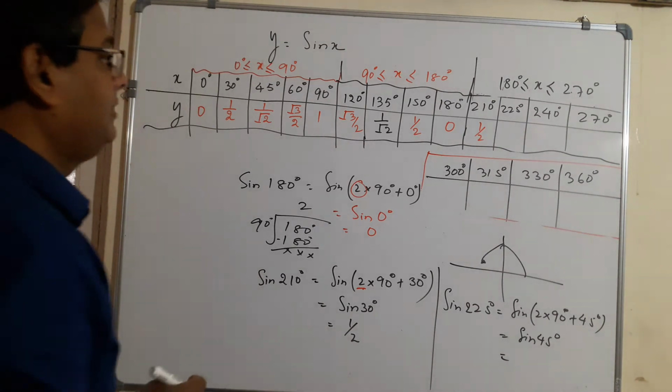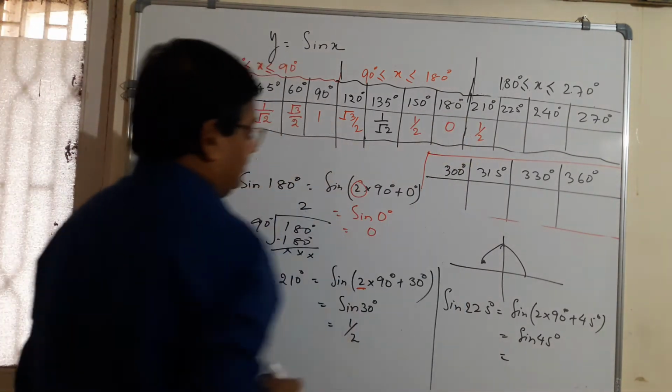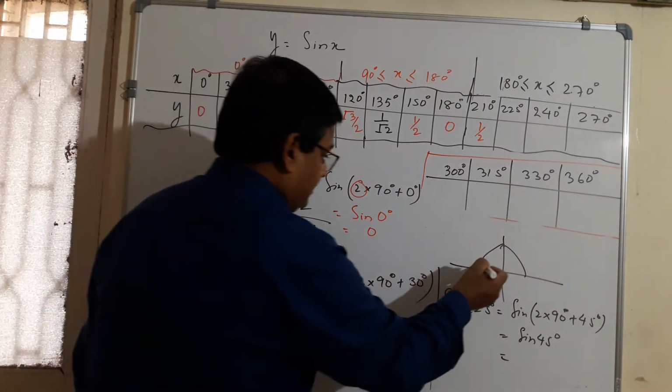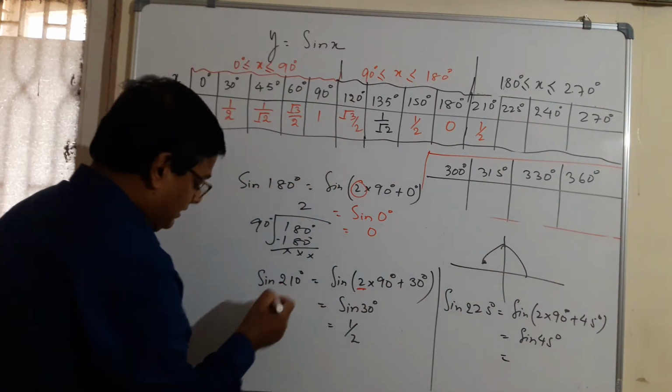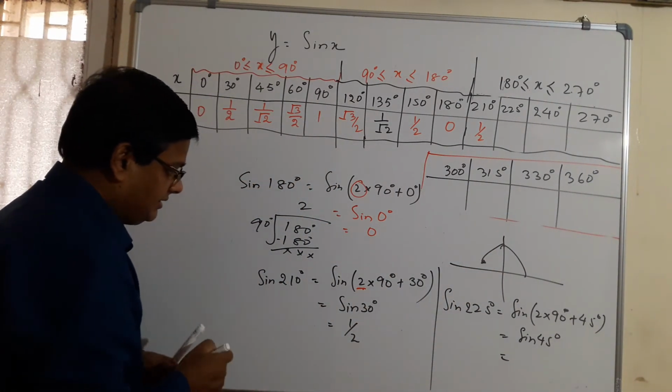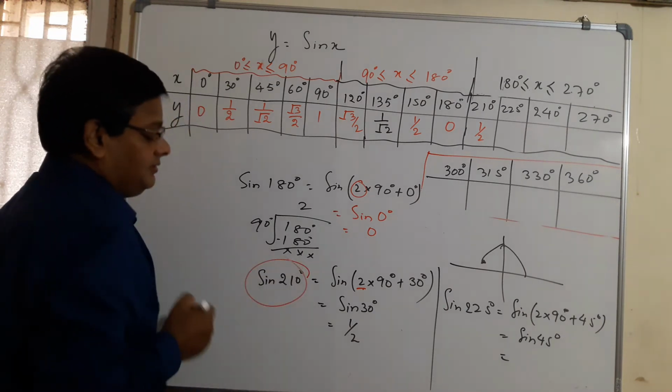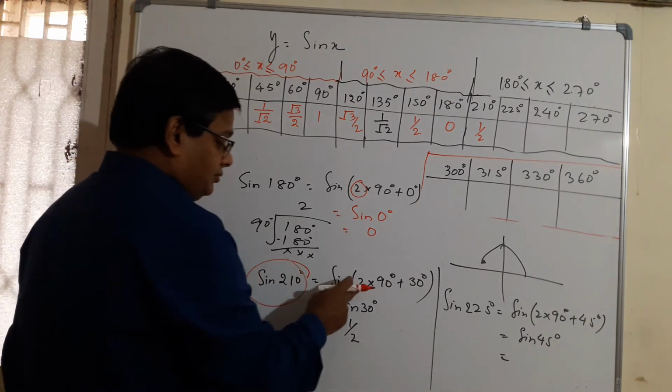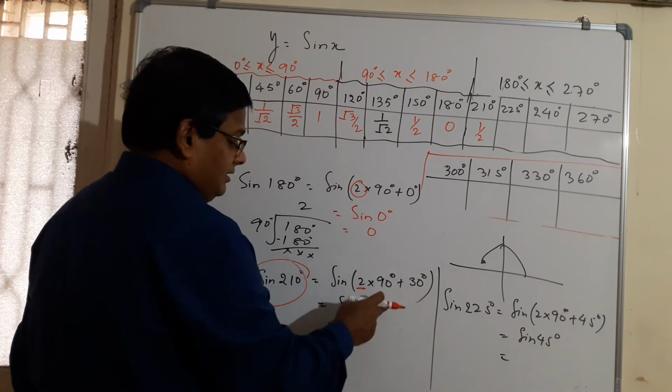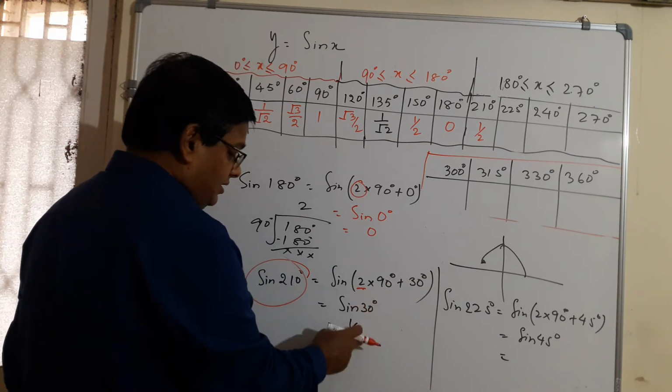Let's see sine 210 degree. It is 2 into 90 plus 30, so no change, sine 30 degree is 1 by 2.